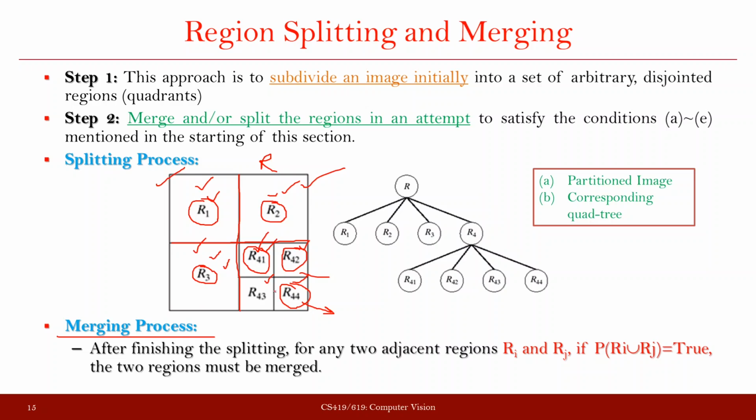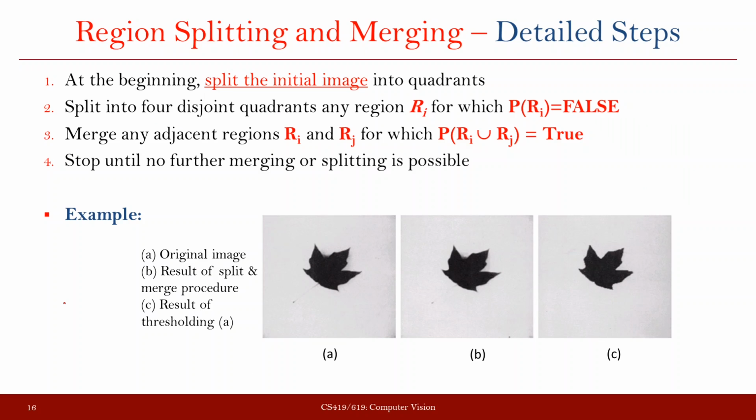But later you may find that these two regions have the same kind of properties. So they need to be joined, because if they have the same property, they should belong to one segment. That is why the merging process analyzes two neighboring regions, and if they share the same characteristic, they are merged. And once this merging process is done, we get the final segmentation output.